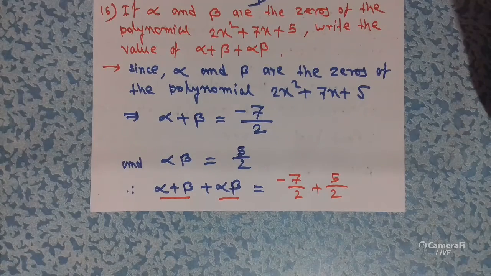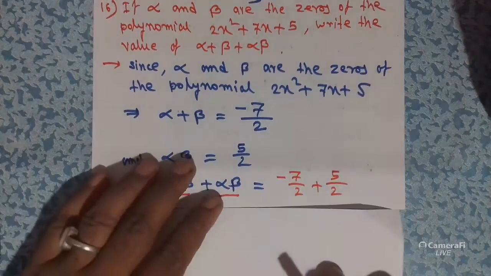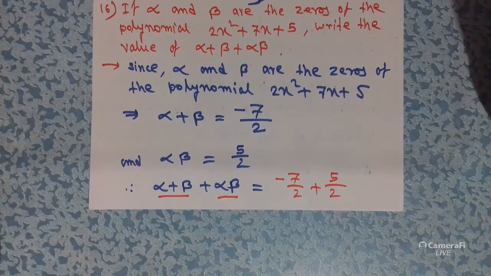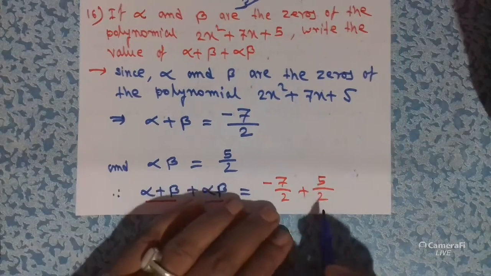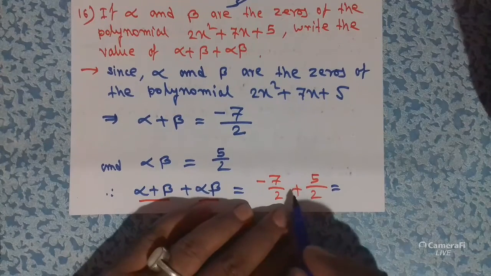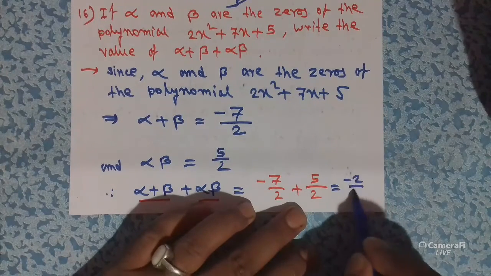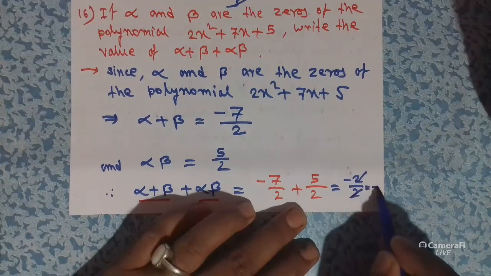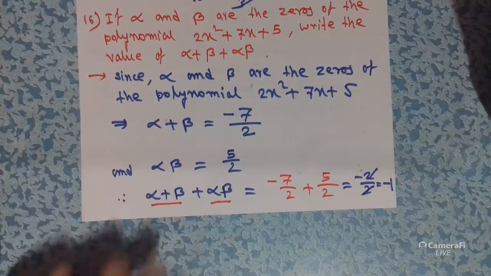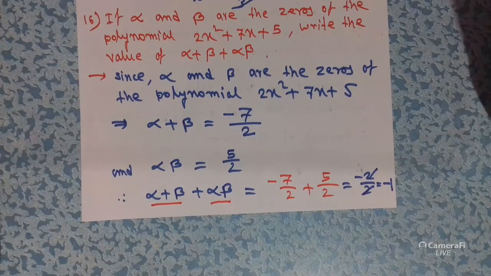Clear students? Now calculate it. If we calculate it, it will be minus 2 by 2. So it will be minus 1. So the value of alpha plus beta plus alpha beta is minus 1. I hope all of you understood. Now next problem.